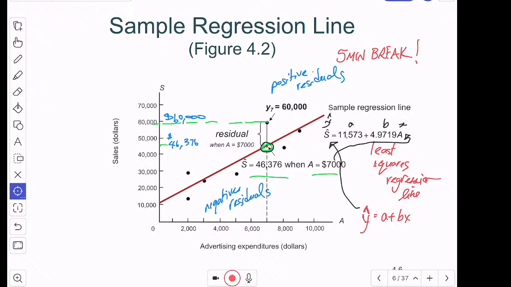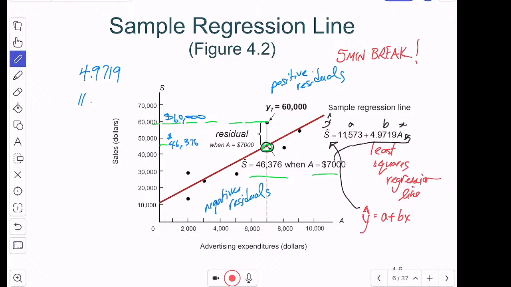So there it is. What does it say? How do we interpret this? Let me see if somebody could tell me. Interpret for me the 4.9719. What's the interpretation? And then interpret for me what is 11. Okay, I'm just going to round them.